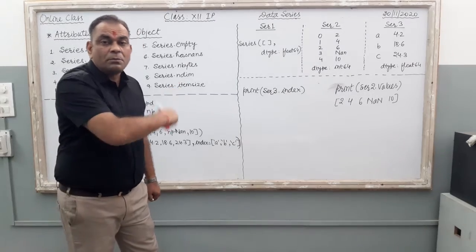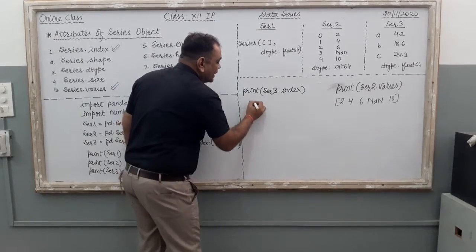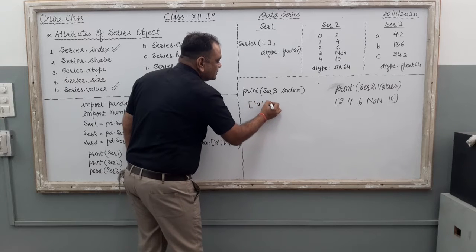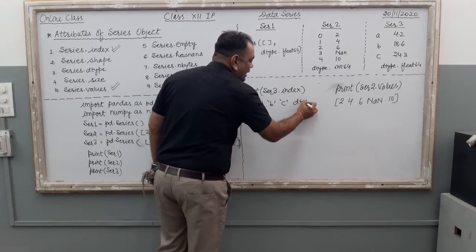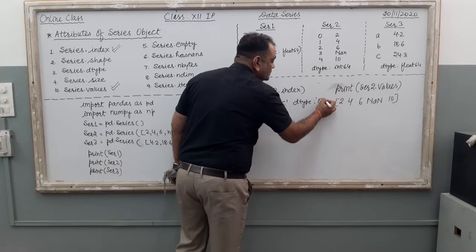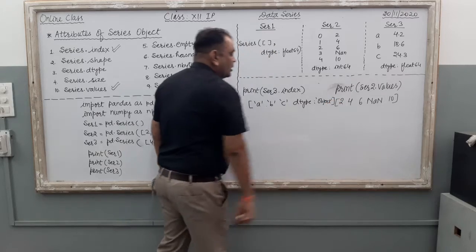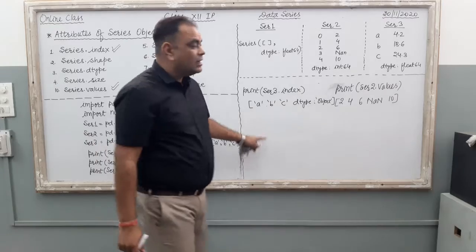Just check the output of this attribute. When you execute the line, the computer will generate A, then B, then C, then D, and the data type of the index is object. It will be the output of this particular concept. Index means only index values are there.